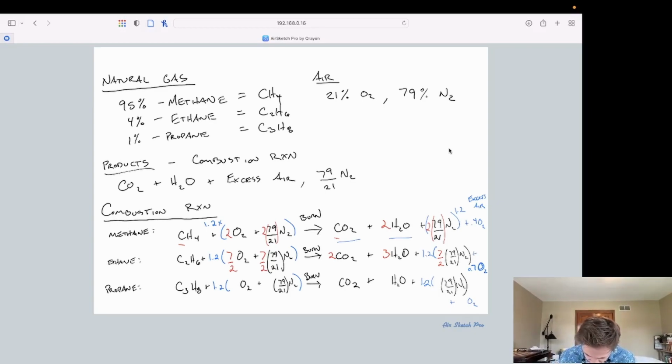We've got 3 carbons on this side, leaving us with 3 carbons on this side. We've got 8 hydrogens on this side, leaving us with 4 waters to give us our 8 hydrogens. Now this gives us 10 oxygen, meaning 5 oxygen at a ratio there.